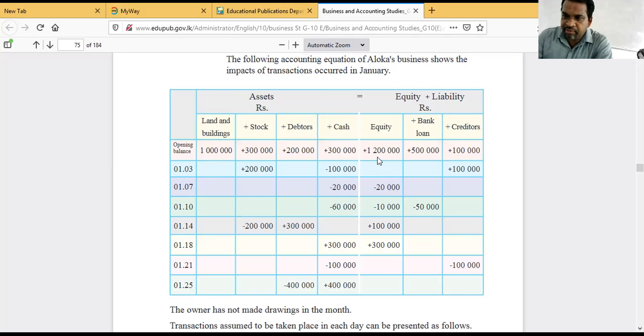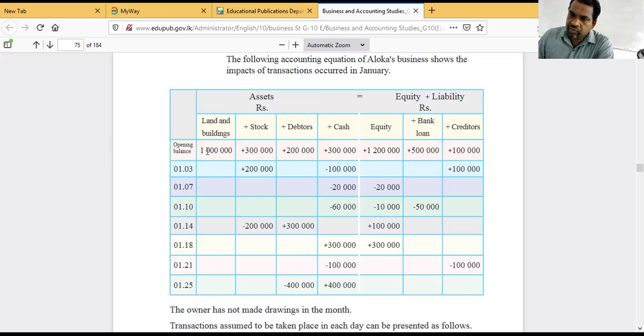Therefore, as the examiner has mentioned, you can't mention any of these transactions as drawings. Likewise, at the examination, you will be given special notes. Then, by considering those notes, you have to describe each transaction that occurred during the given period.